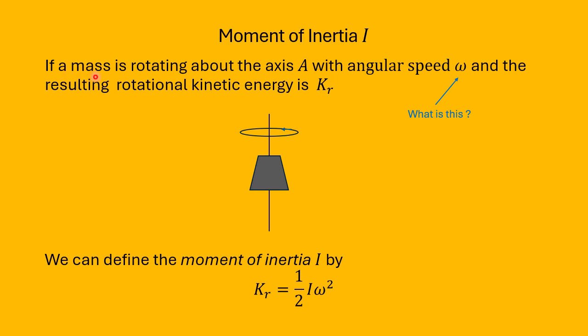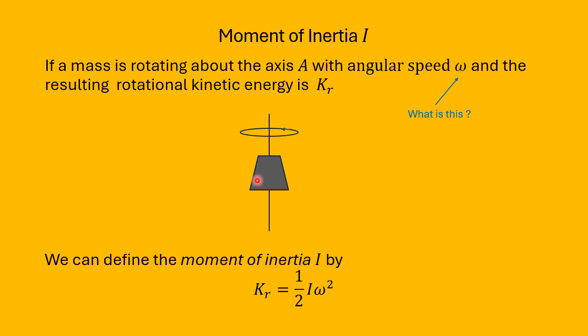Let's suppose this mass is rotating about that axis A with angular speed omega, and the resulting rotational kinetic energy is K sub r. We'll use this little subscript here to remind us that we're looking at the kinetic energy of rotation. So when this mass spins around this axis, all of the little pieces of this mass are moving with certain velocities, and if you have a mass moving with a certain velocity, we can define an energy associated with that motion.